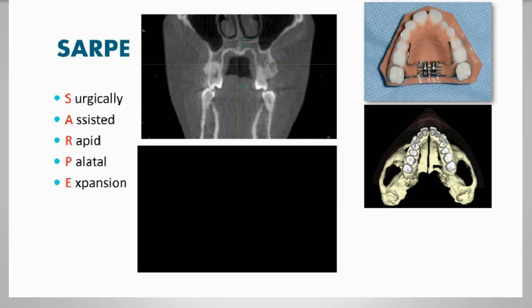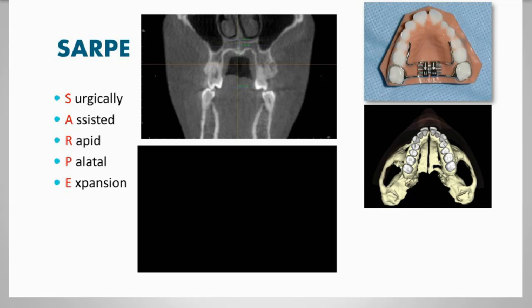So this patient needs palatal expansion, and according to the evidence, palatal expansion cannot be performed on adult patients who are done growing. You can move teeth, you can tip teeth, but you can't really expand the palate at the sutural levels. So these patients have to have their jaws broken for expansion to work.